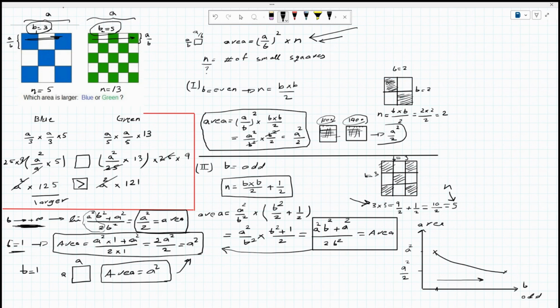And as you saw in the green scenario, which we have on the right here, the b is 5, versus the blue, which is 3. The blue side, which has a smaller b, has more area, as we discussed. So in this video, we found the general rule around this topic. Thank you so much for watching this video.